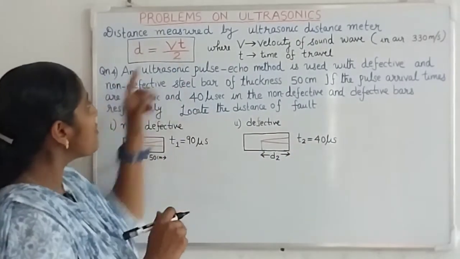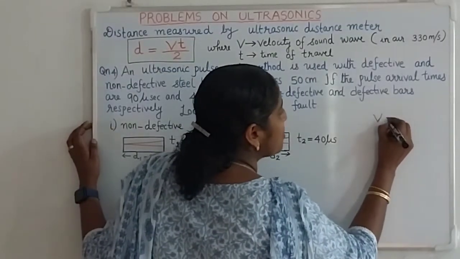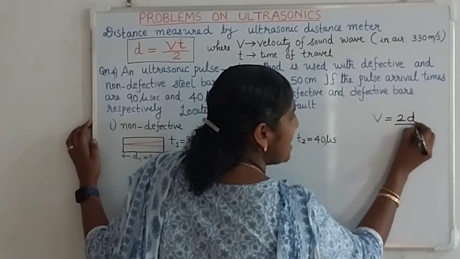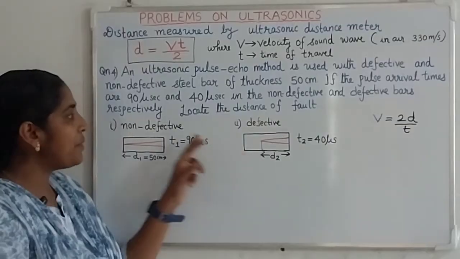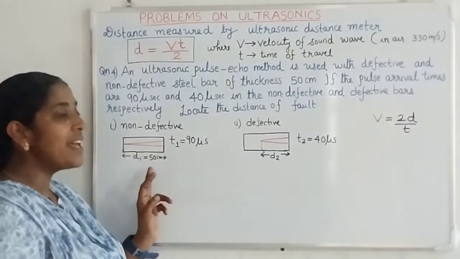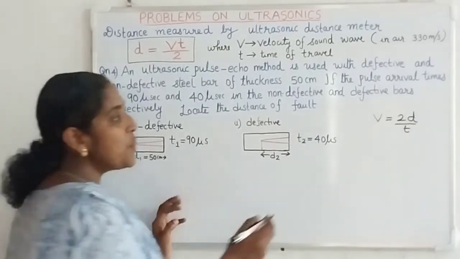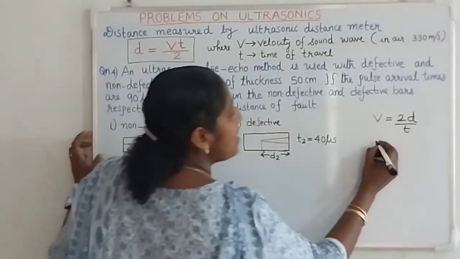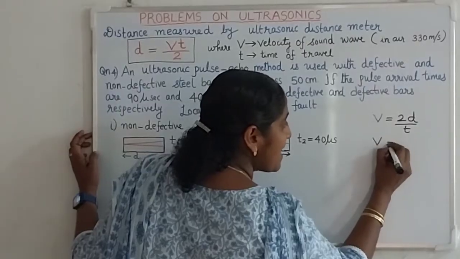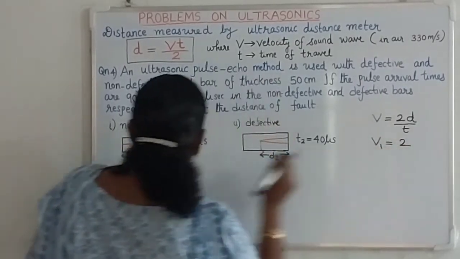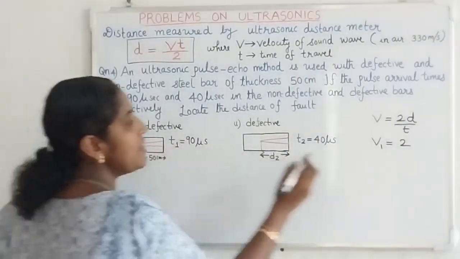The speed formula is v equal to 2d divided by t. In both defective and non-defective steel bar, the speed of sound remains the same because the material is the same steel. So in the non-defective steel bar, we can write the velocity expression as 2d1 divided by t1.